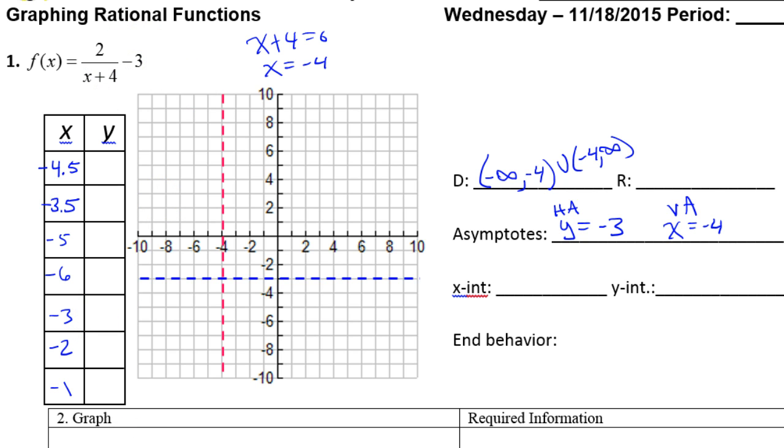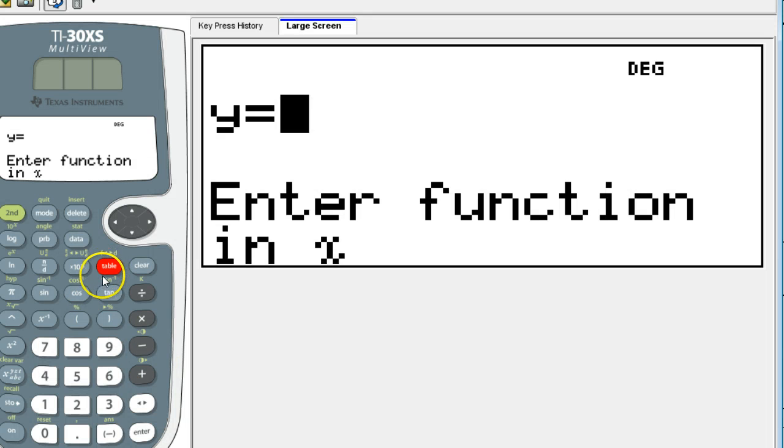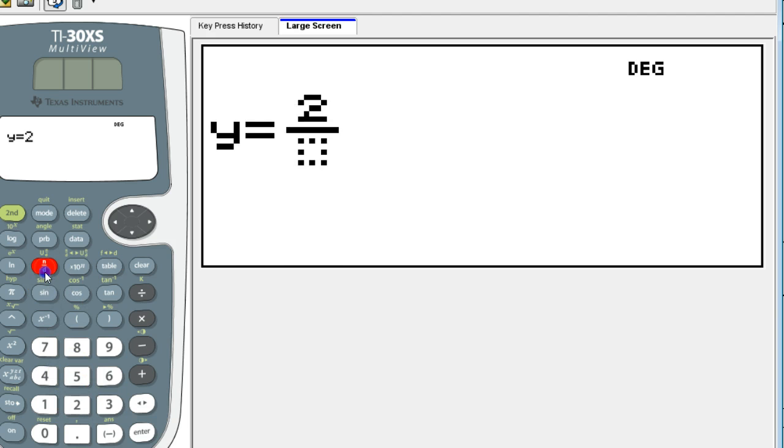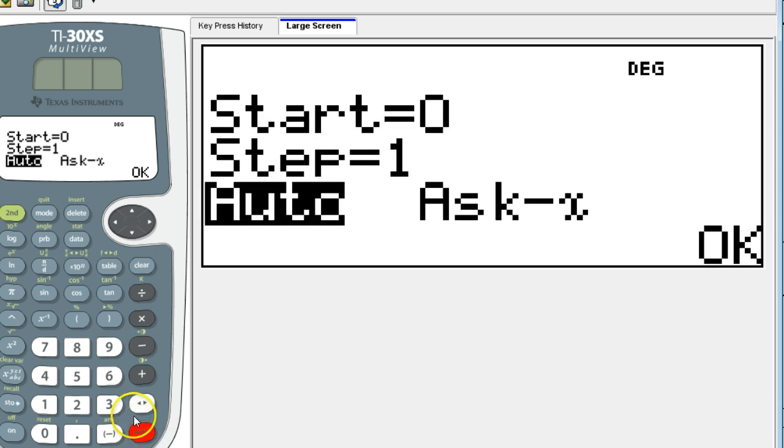I'm going to use my TI-30XS MultiView. So let's see, my function is 2 over x plus 4. So I'll hit the table button. I'll hit 2 divided by x plus 4. And then I believe we had a -3 on the end.